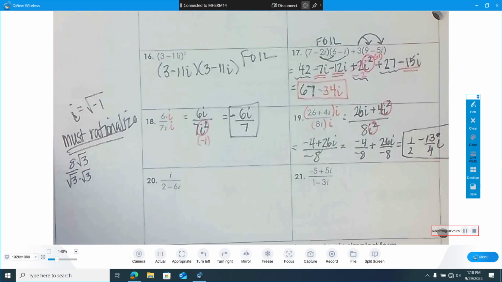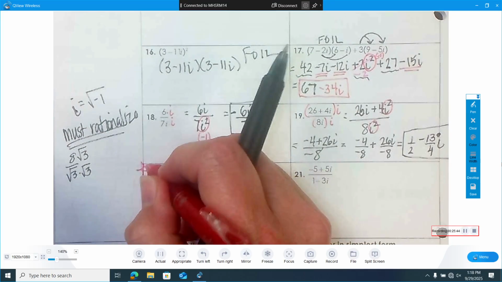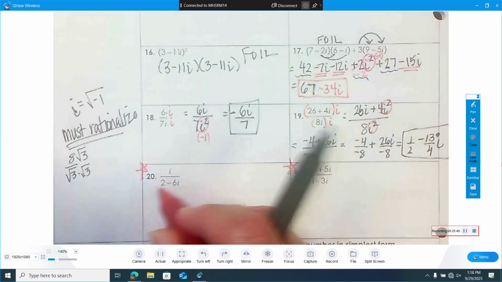So 20 and 21 are a little bit different. What do you notice about those? So if I just multiply by i, is that going to clean up my denominator? No, it doesn't. So we have to do something a little bit different on these two because they are binomials on the bottom.